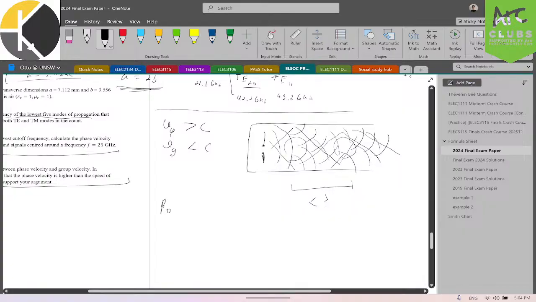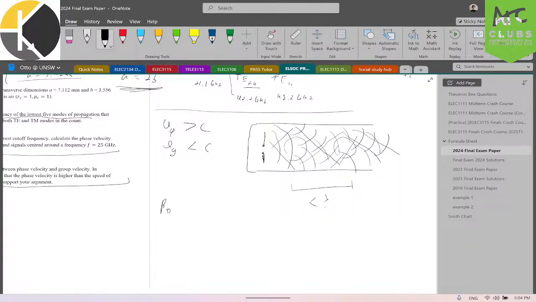It is the wave number of the wave in free space with no waveguide. So it's just 2 pi over lambda at this frequency. This lambda is at 25 gigahertz. Just a quick sanity check, 25 gigahertz is greater than 21 gigahertz, so this wave can actually travel in the lowest mode.